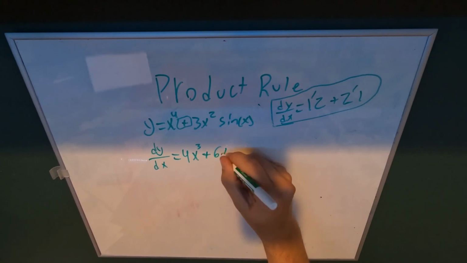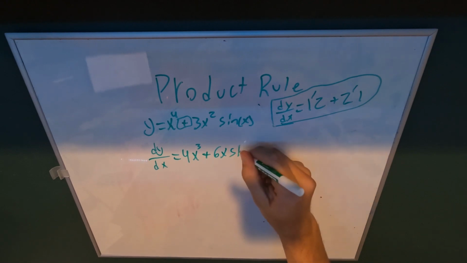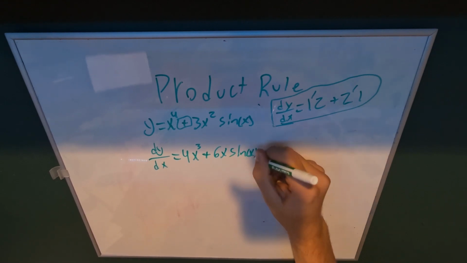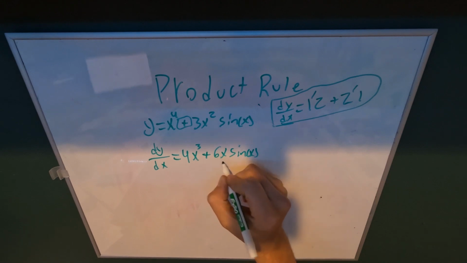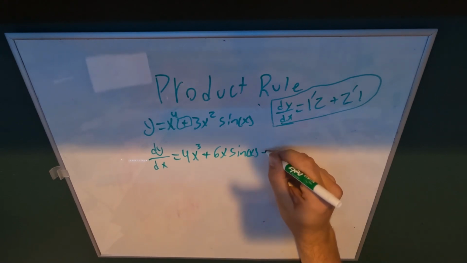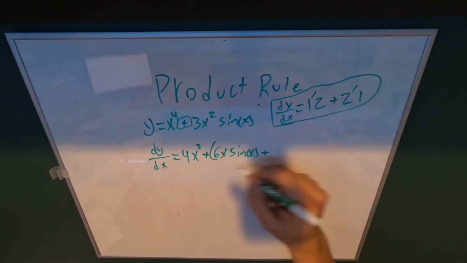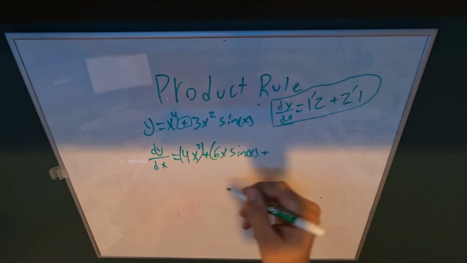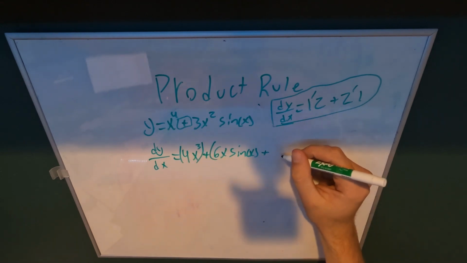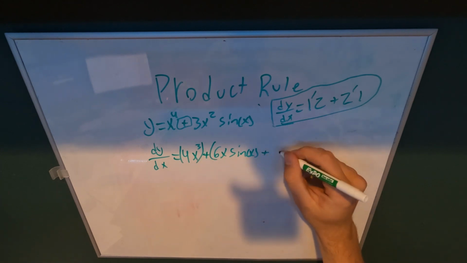So that would be 6x times the sine of x. So that's derivative of the first times the second plus, so you can think of this as the product rule, and this was just the power rule, simple derivative. And so we did that.